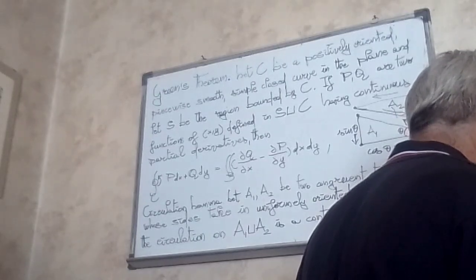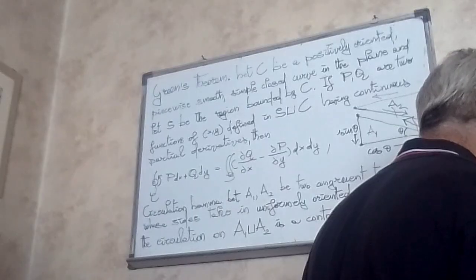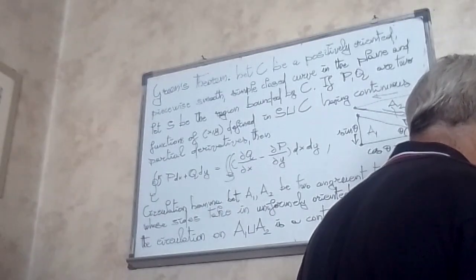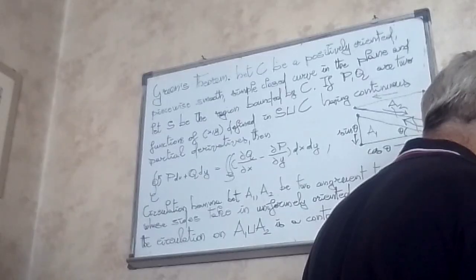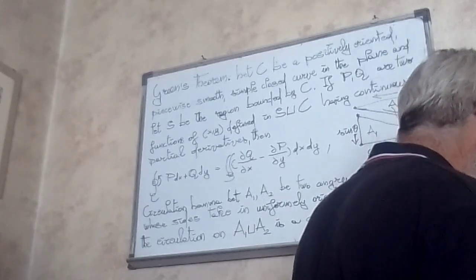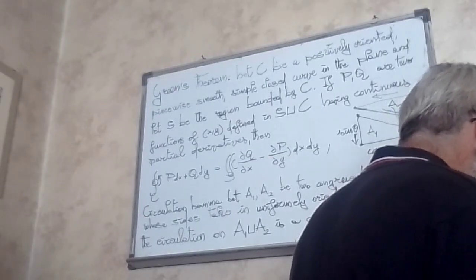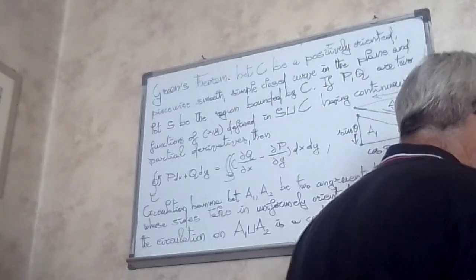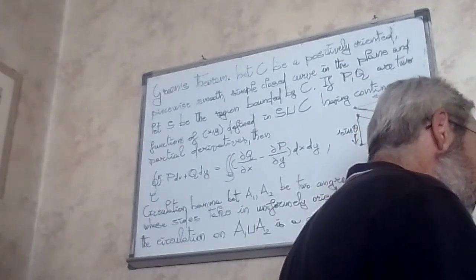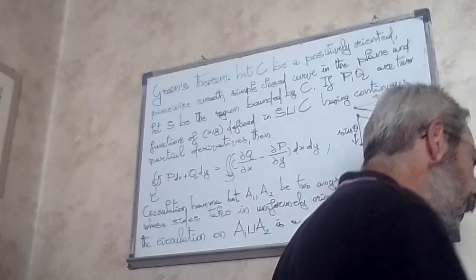Let gamma be a closed broken line whose segments take in some positively oriented fluxes.